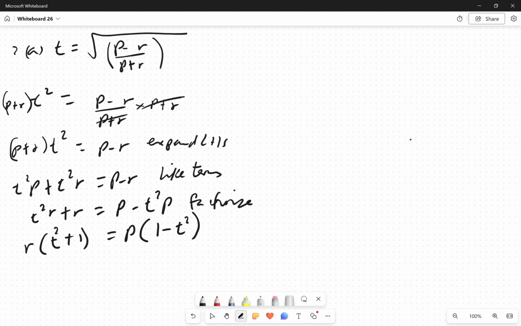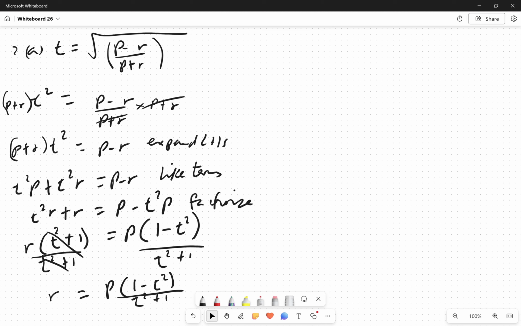So we're going to divide the left-hand side by t squared plus 1, the right-hand side too by t squared plus 1. So this cancels that, and we now have r will be equal to p into 1 minus t squared, then we divide it by t squared plus 1.